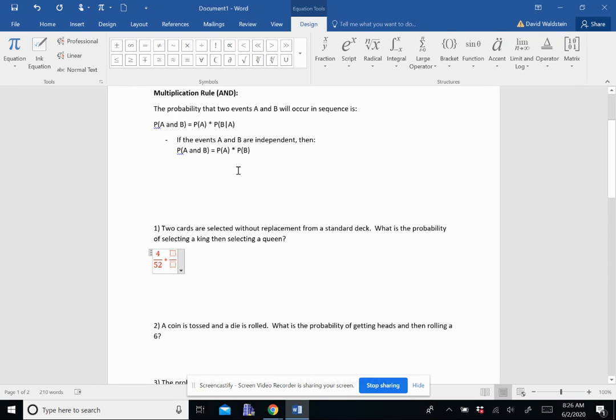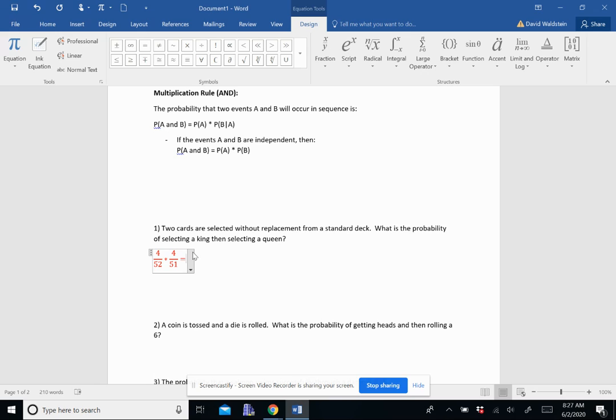And then selecting a queen. So we're doing the probability of B given A. So we already got that king. It says without replacement, so we're not putting the king back. So there are 4 queens left, and there are only 51 cards left.